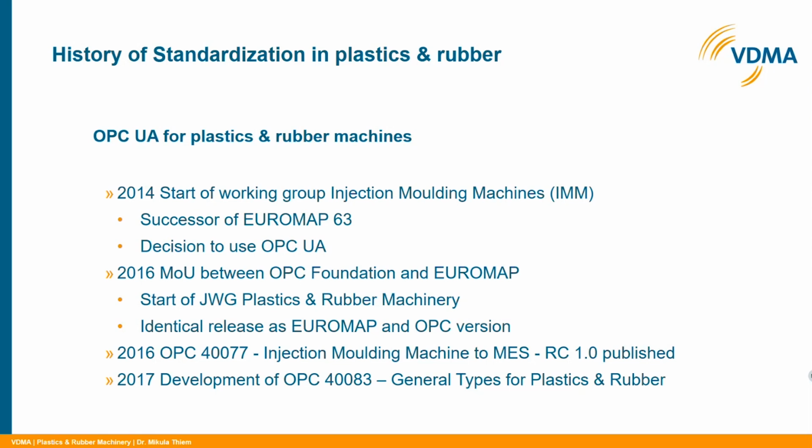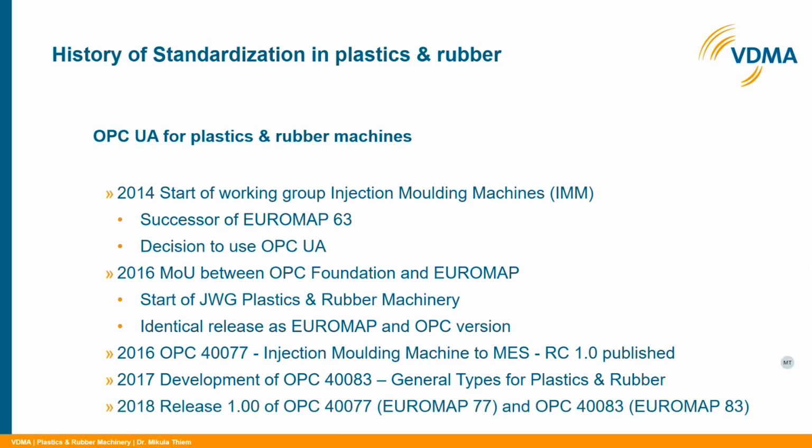For that reason, a new specification was developed, the OPC 40083 general types for plastics and rubber. And 1 year later, both specifications, the OPC 40077, which is the same as the EUROMAP 77, and the OPC 40083 were released in the version 1.00.